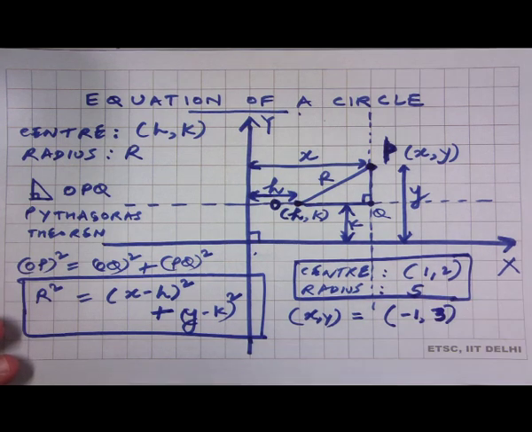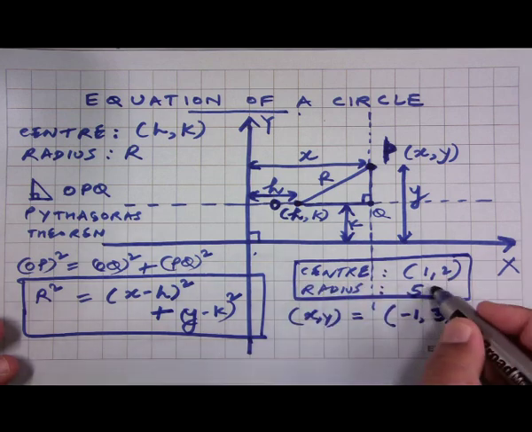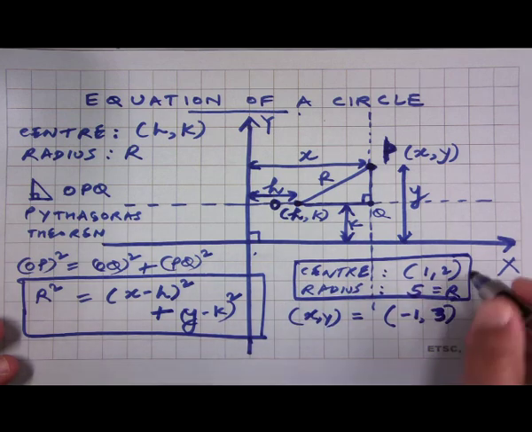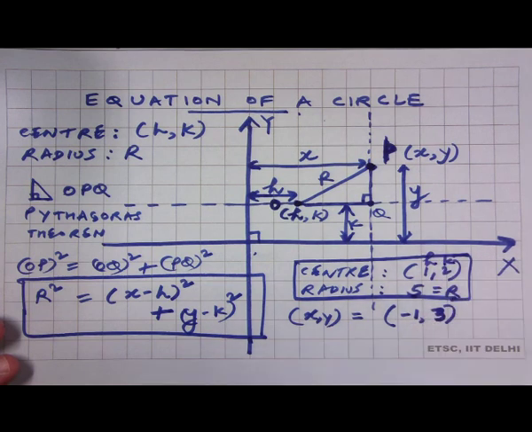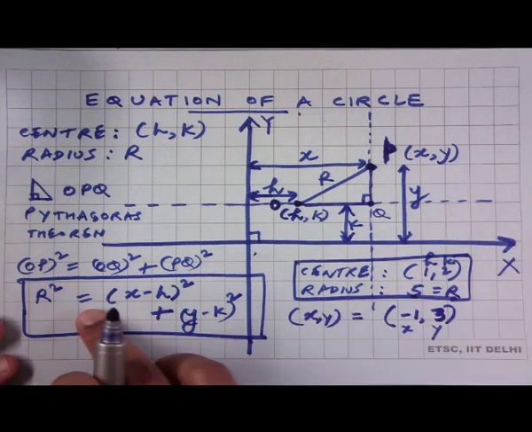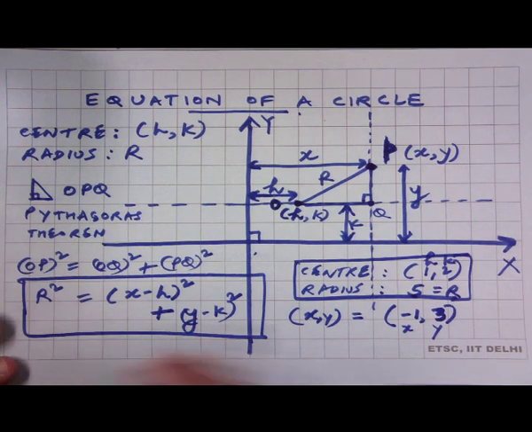So it is not very difficult to check. In this case, this is r, this is h, and this is k, this is x, this is y. We just put these values here and check if we get an equality. The left hand side of course is 5 square, which is 25.